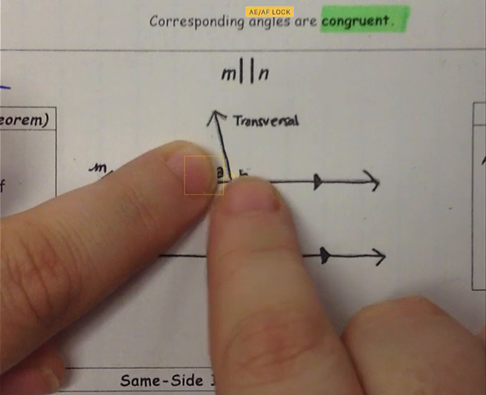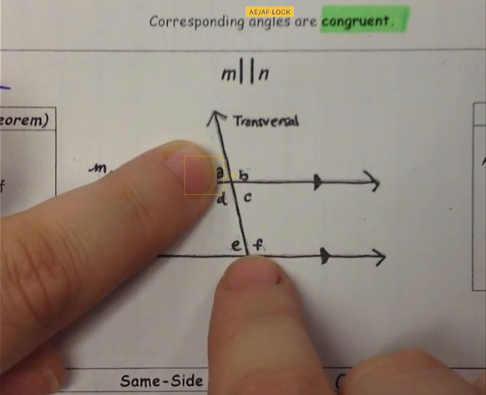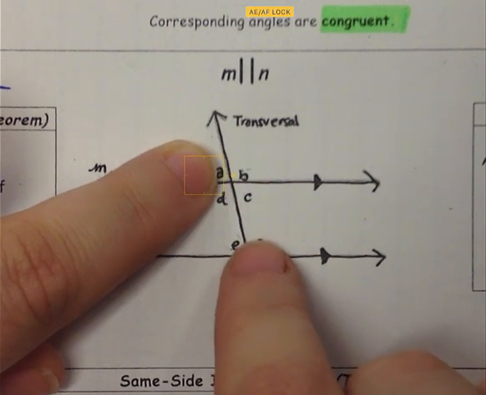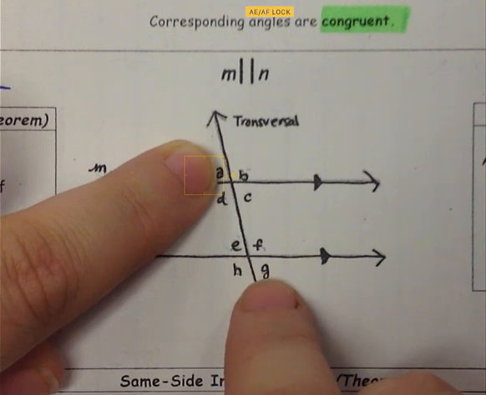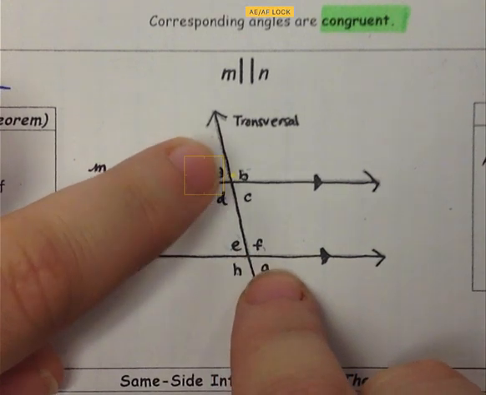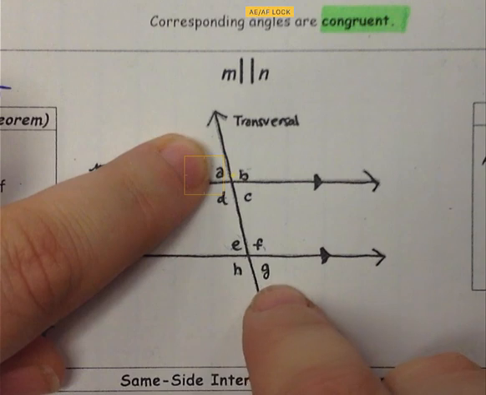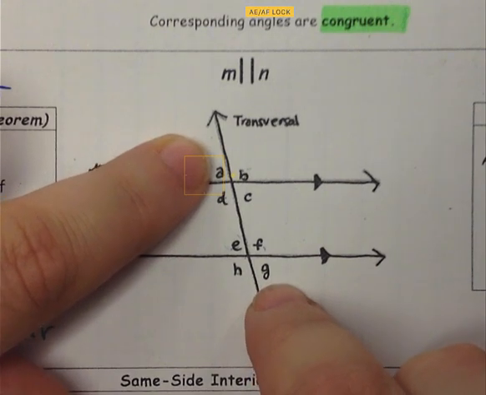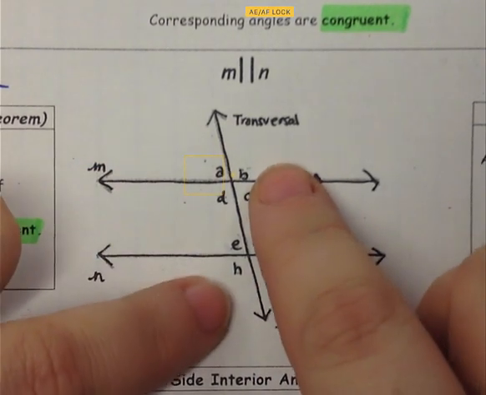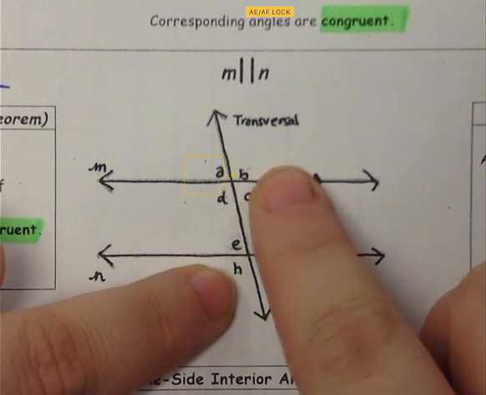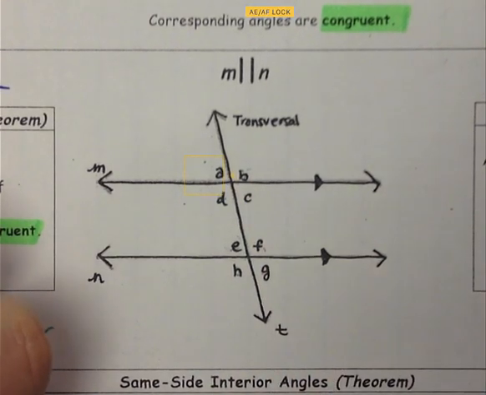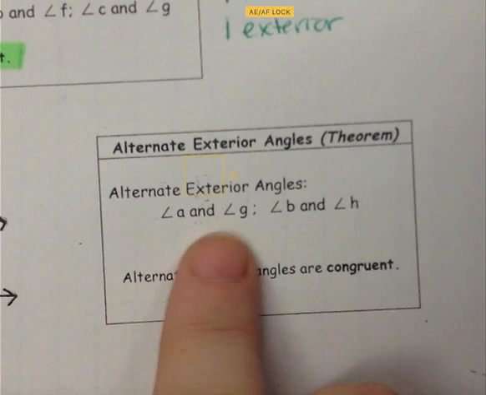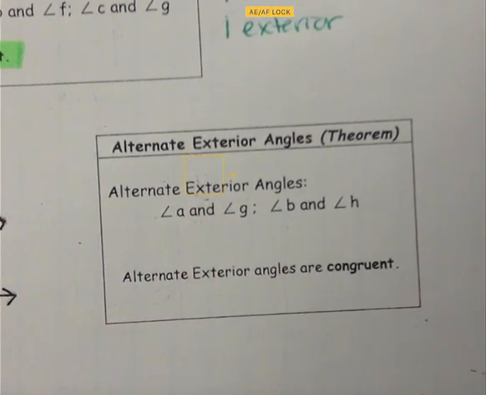So I need to come down to the other parallel line. F is inside, so that's not good, but G is outside. That's what we want. So angles A and G are alternate exterior angles. Therefore, B and H are alternate exterior angles as well. So angle A and G and angle B and H are alternate exterior angles. And again, these have to be non-adjacent.